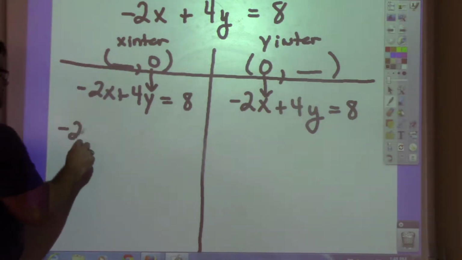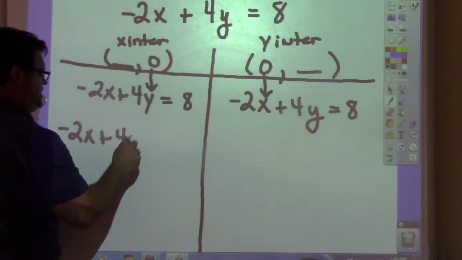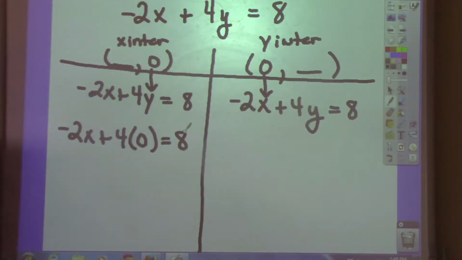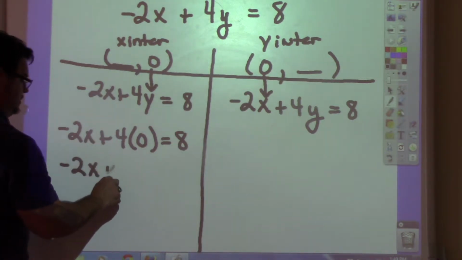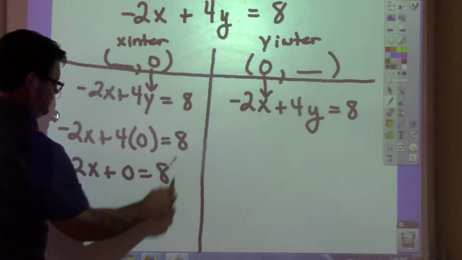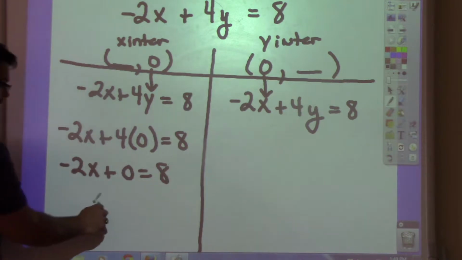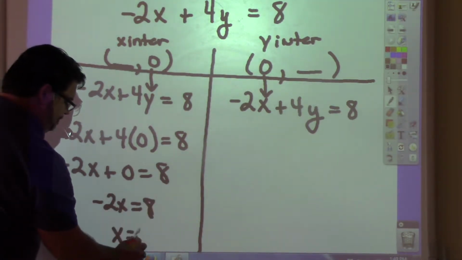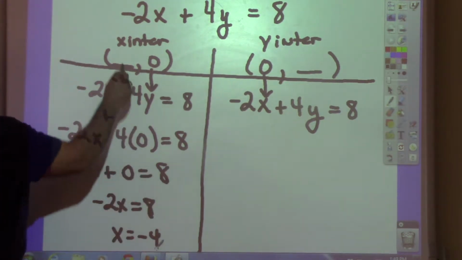Negative 2x plus 4 times 0 is equal to 8. And negative 2x plus 0 is equal to 8. And negative 2x plus 0 is negative 2x. And x is equal to what? Negative 4.